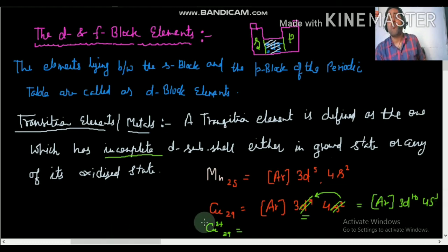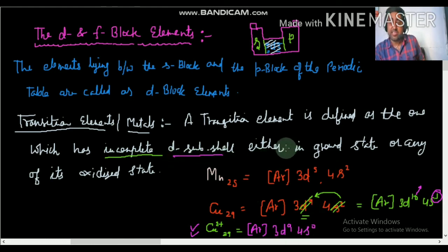Now when we make copper 2 plus, the 2 electron loss will be one electron from this one, and then one electron from here. So we are left with argon, then 3d9 4s0. Now in this state copper fulfills this demand, incomplete D subshell.